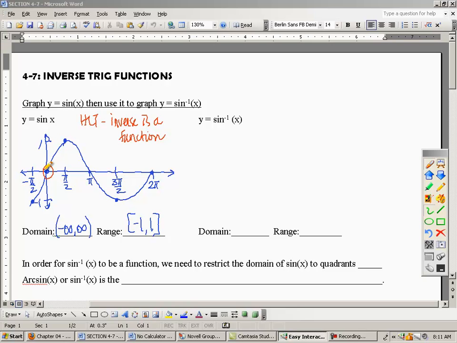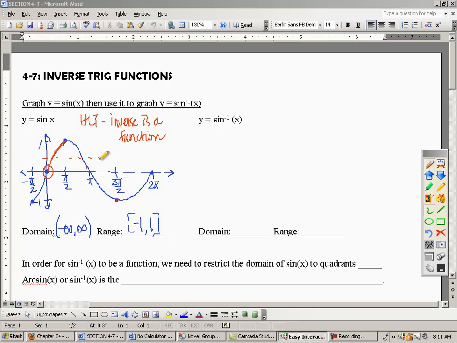So what I'm going to look at is if I go from 0 to pi over 2, I could get part of my function, and I want to include both the maximum and a minimum point. But if I continued on to pi, you'll notice that it won't pass this horizontal line test.